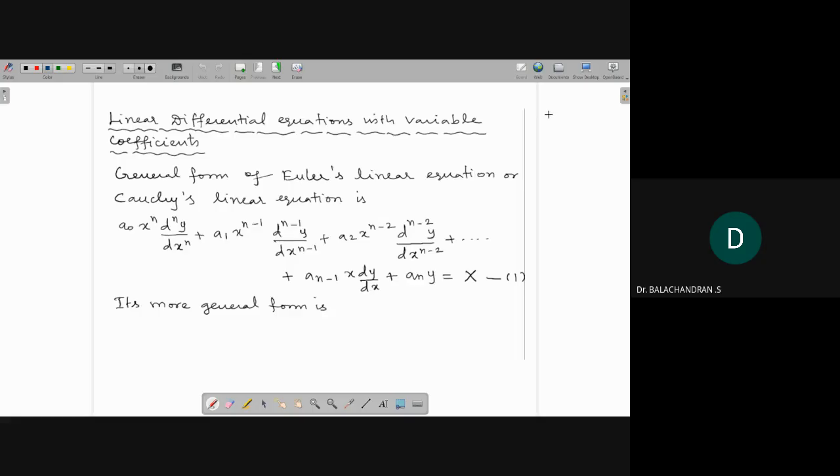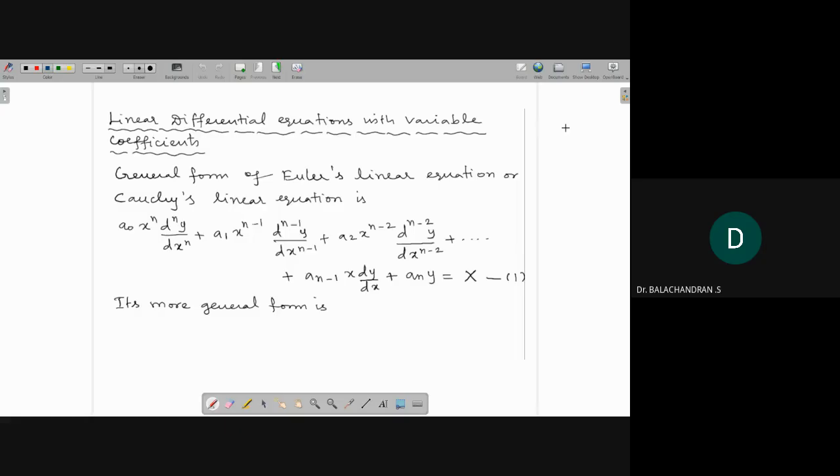Type 4 is e power ax into V of x, where V of x is either a polynomial or sin ax or cos ax. Type 5 is polynomial in x into sin ax or polynomial in x into cos ax. Type 6 is polynomial, exponential, sin ax or cos ax. Type 7 is those problems which do not come under type 1 to type 6.